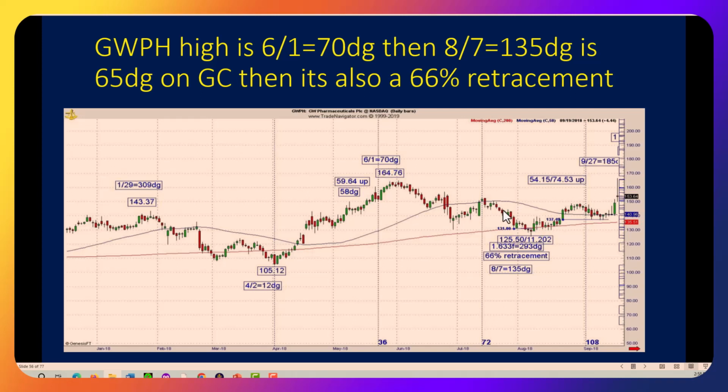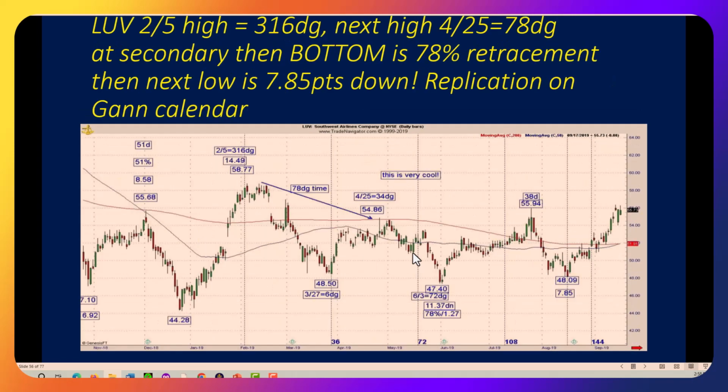That's a 65 DG difference, and it's a 66% retracement. It speaks for itself. But here's the deal, gang. All of this stuff has been hiding in plain view our entire lives, waiting for Gann to tell us how to do this, which he never did. And I don't know, I just kind of stumbled into it, okay?